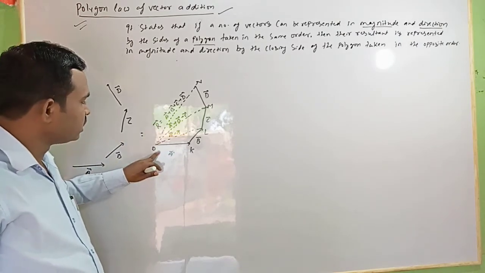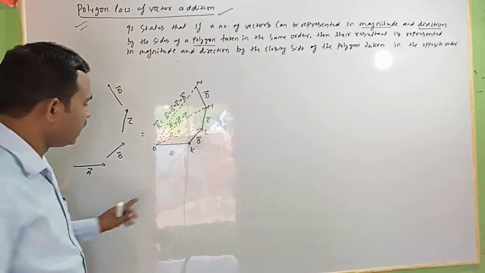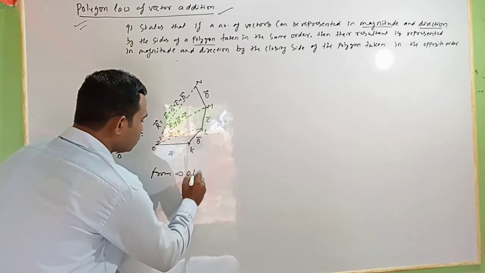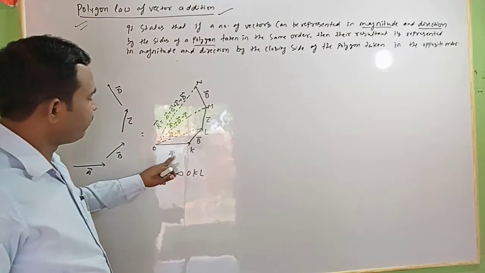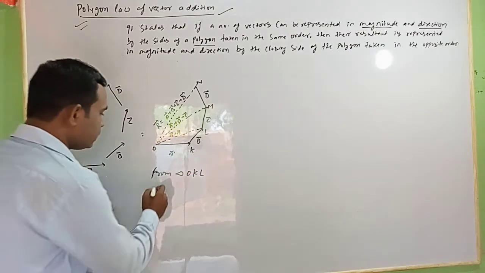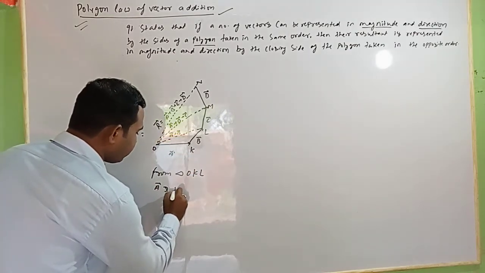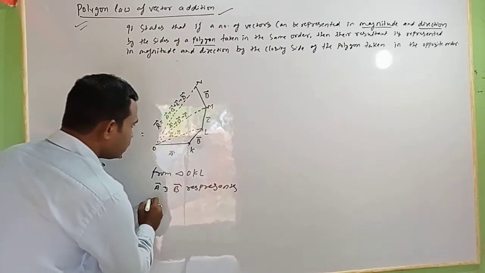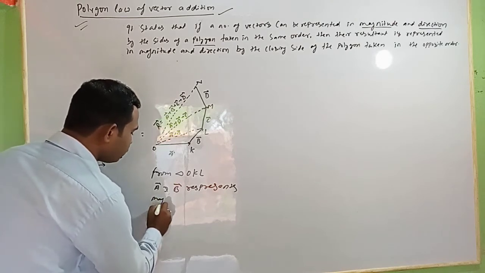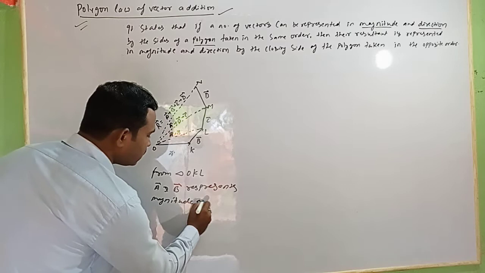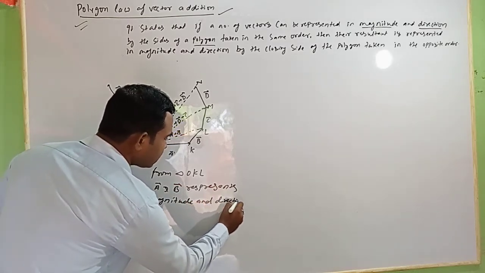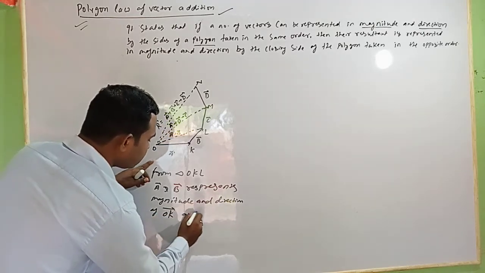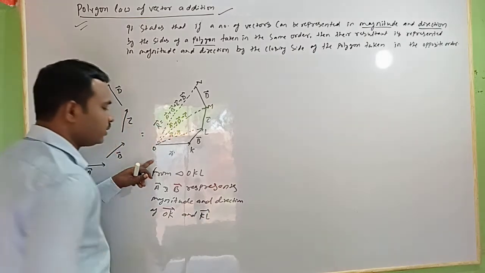Just see that, suppose from triangle OKL, what you will see: vector A and vector B represent the magnitude and direction of vectors OK and KL. Can you write? Okay, very good.